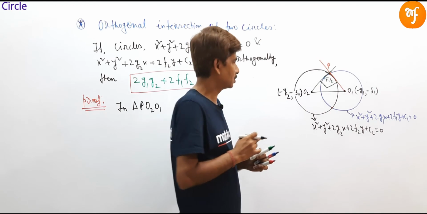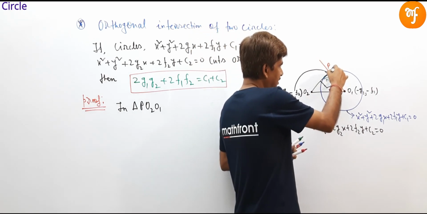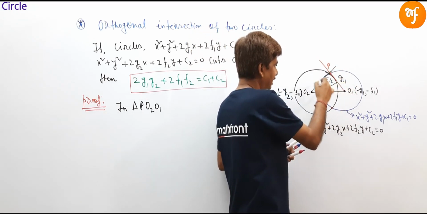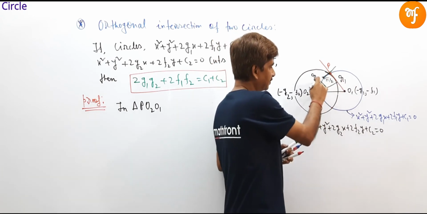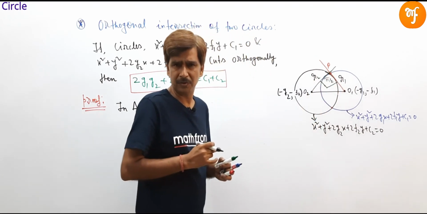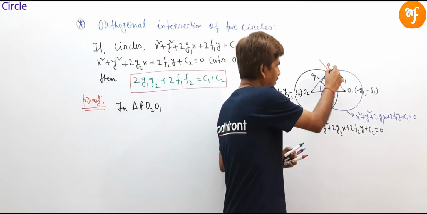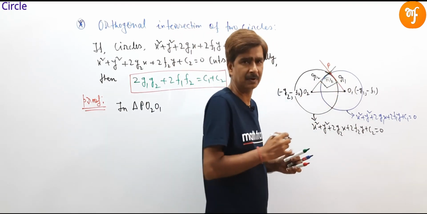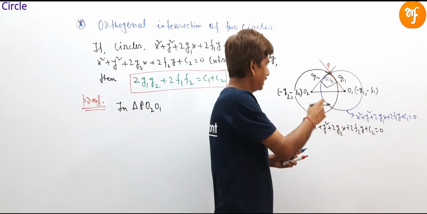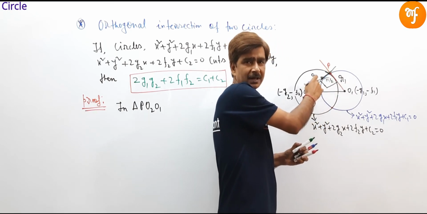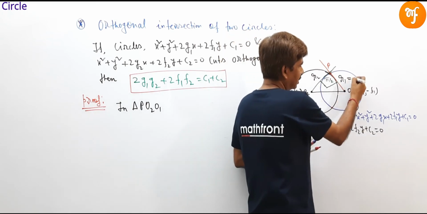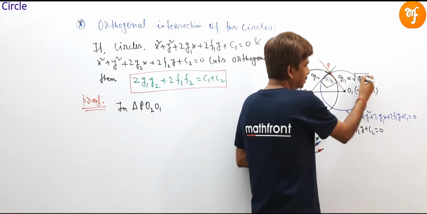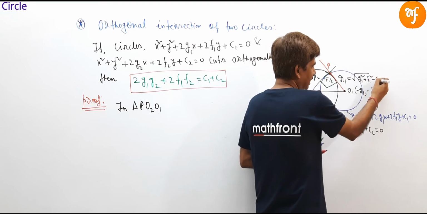Okay, so we can say if this radius is R1 and if this radius is R2, then R1 square plus R2 square is equal to O1O2 square. It is clear that length of PO1 is nothing but R1 of the first circle, and length of PO2 is nothing but R2, that is the radius of the second circle. What is the value of R1? We know R1 is nothing but root over g1 square plus f1 square minus c1.